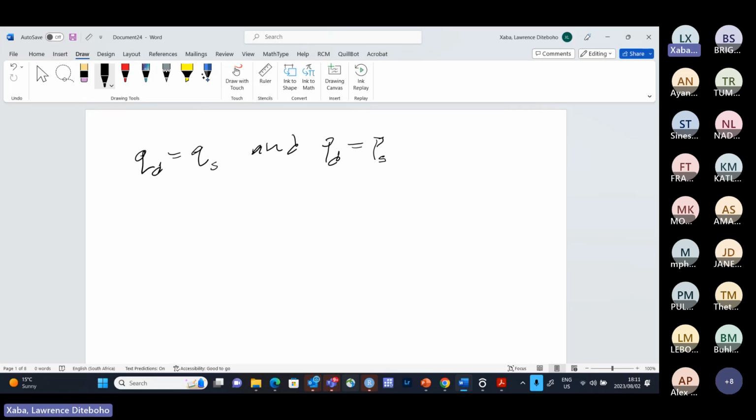So remember, our objective is to calculate an equilibrium point.